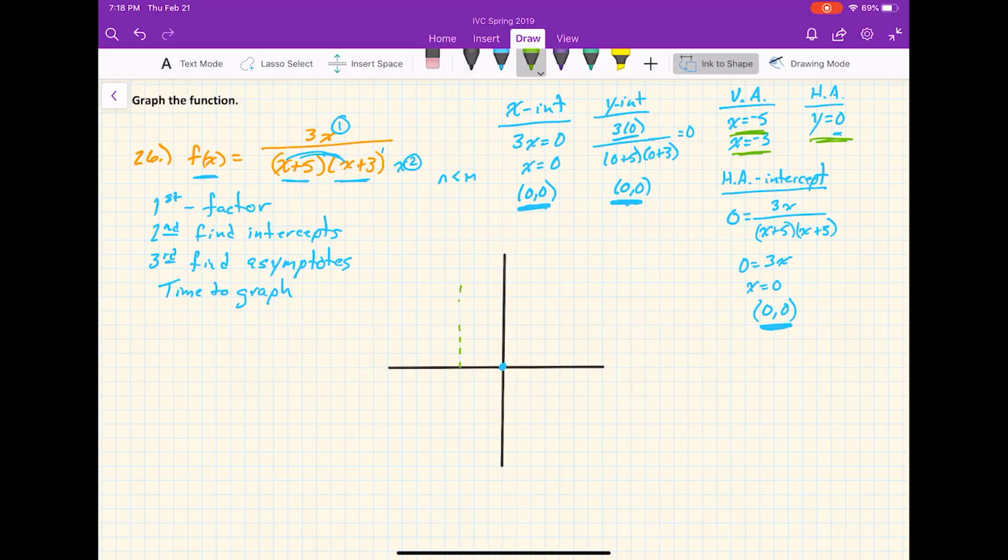Here's the one at -3. Remember, this is a vertical one, so I'm drawing a vertical line. Here's the one at -5. And then the horizontal one at 0 is really at the x-axis, but I'll put a dotted line here so we can see it.